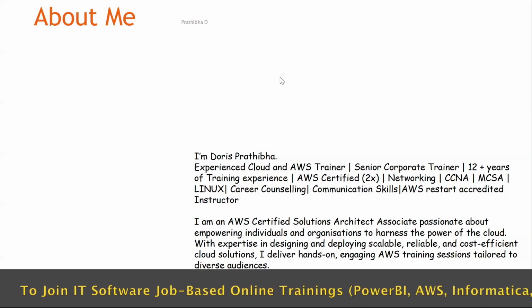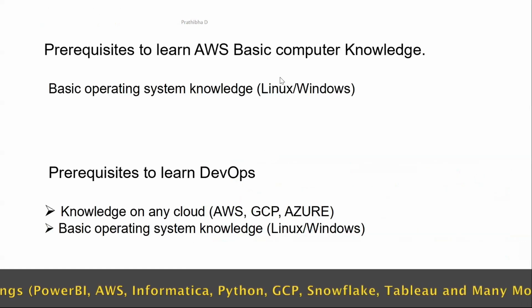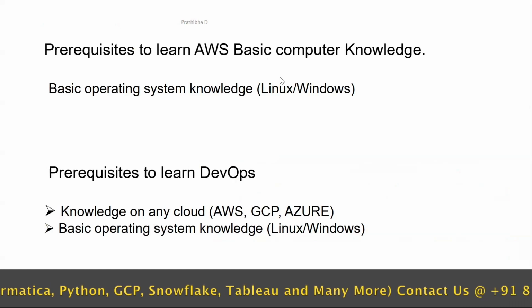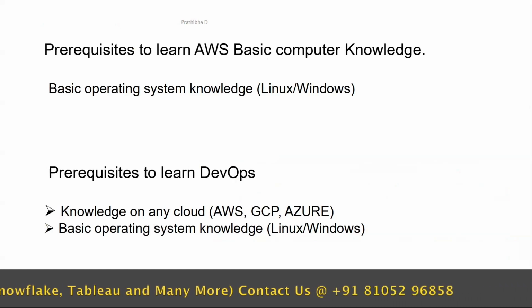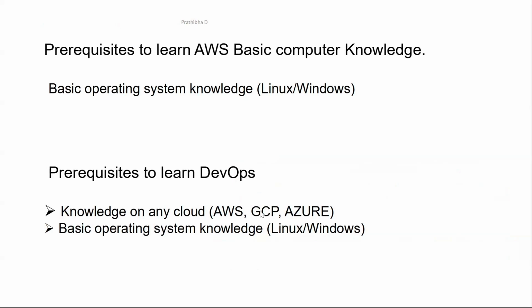Here, what you need to know to learn AWS is something about a basic operating system, like Windows or Linux, and how to operate it on your laptop. Then for learning DevOps, you need knowledge of any one cloud service provider, that is AWS, GCP, or Azure.